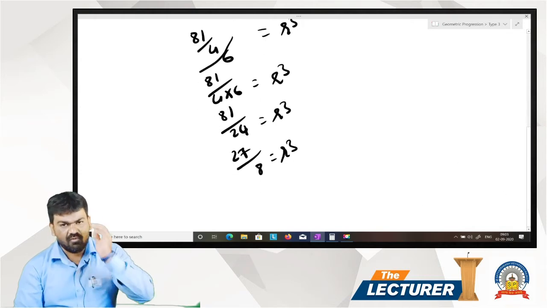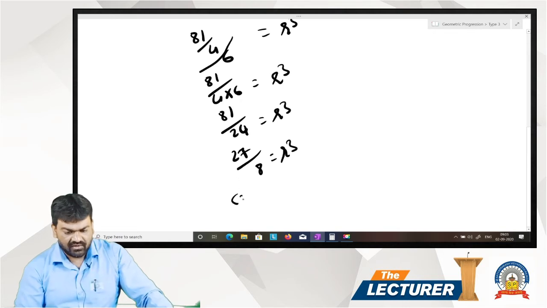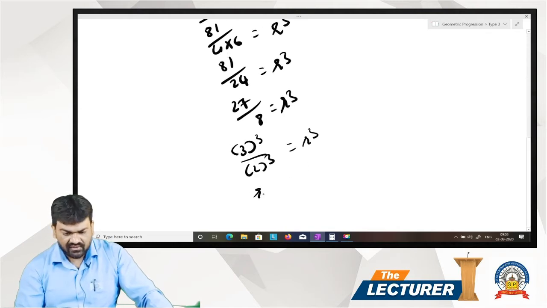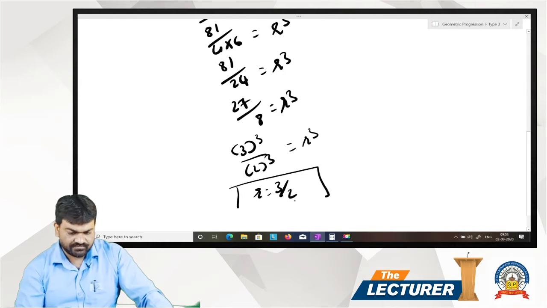So what is the cube of 3? 3 cube is 27, 3 multiplied by 3 multiplied by 3. What is the cube of 2? That is 8. So r is equal to 3 by 2.